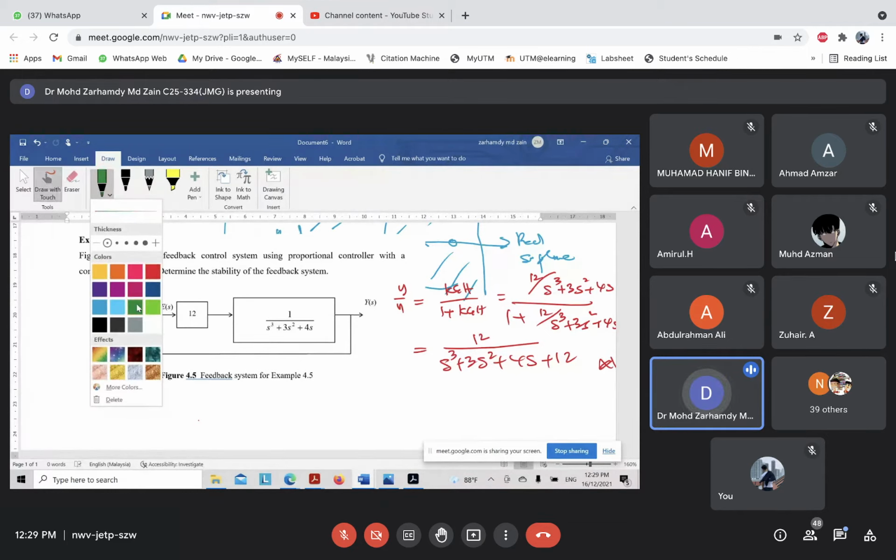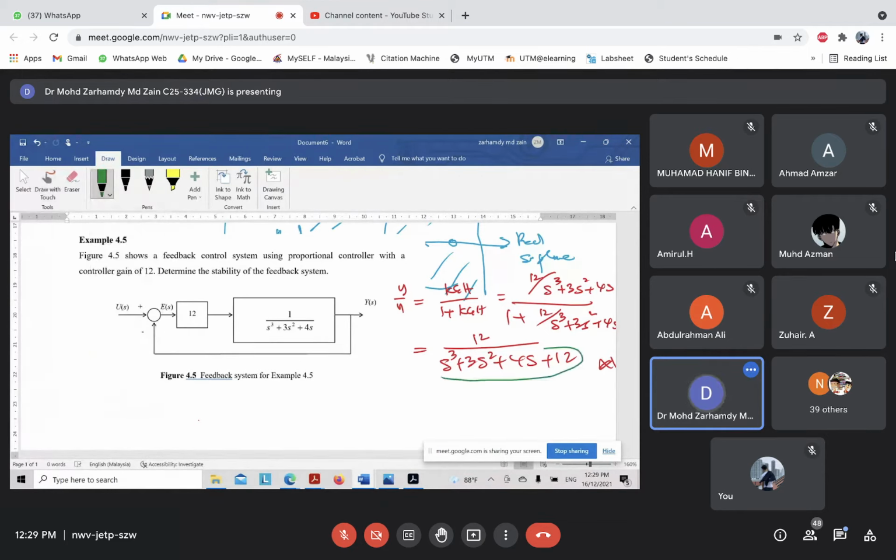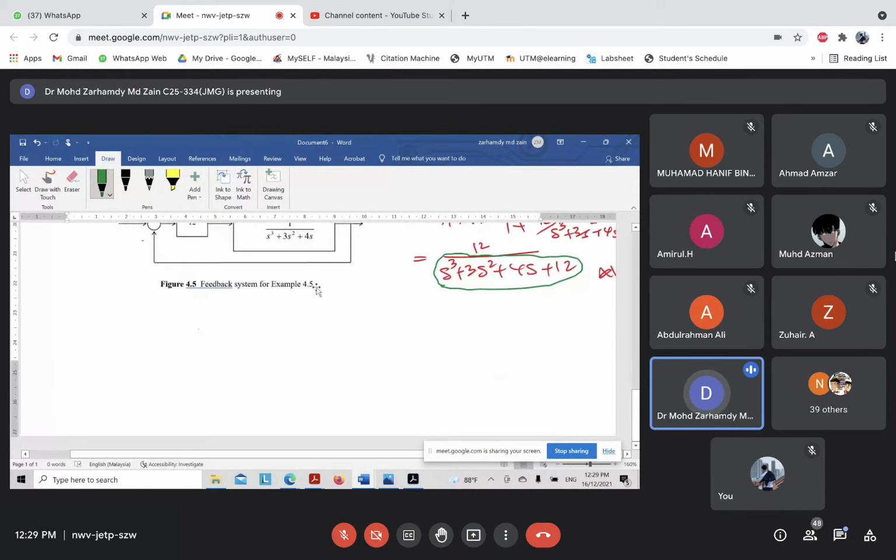And then we only concentrate on this characteristic equation. From this characteristic equation, kita akan dapat equation, and then we come up with the table rubric. So we have S power of 3, S power of 2, S power of 1, and S power of 0.